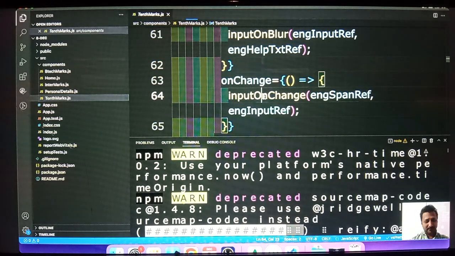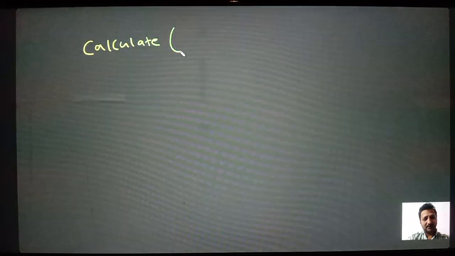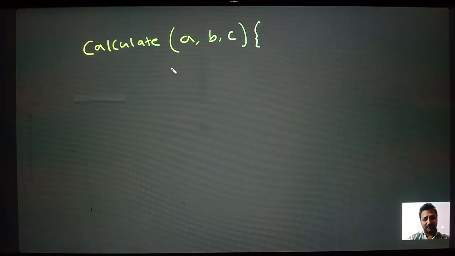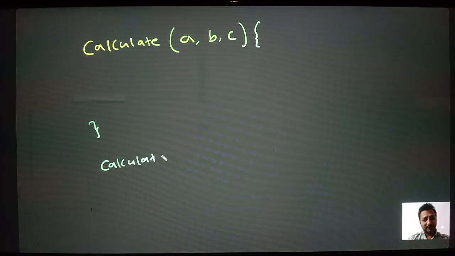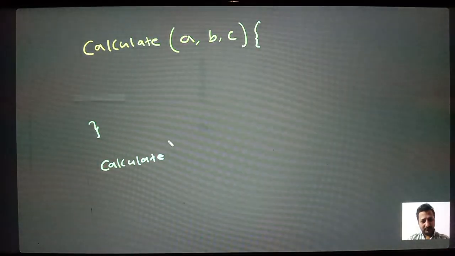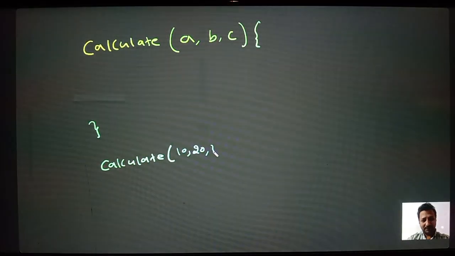See, it's like this. I have created a function called calculate with a, b, c. We have created it, and now I am passing calculate 10, 20, 30.